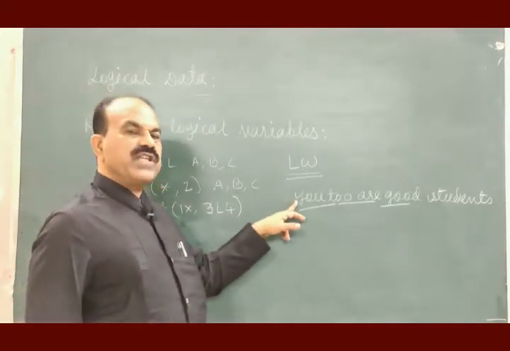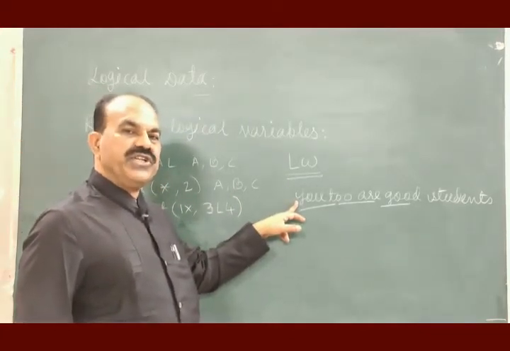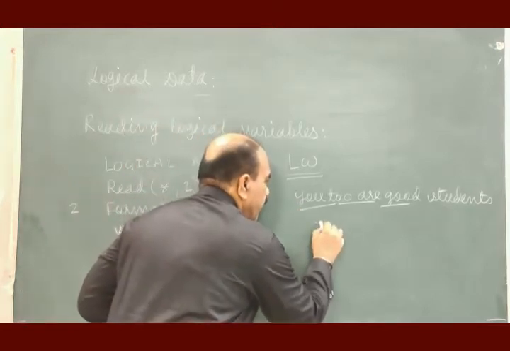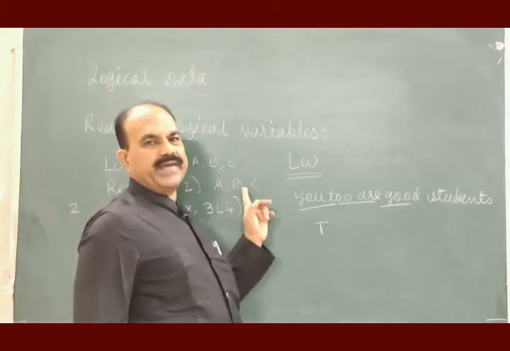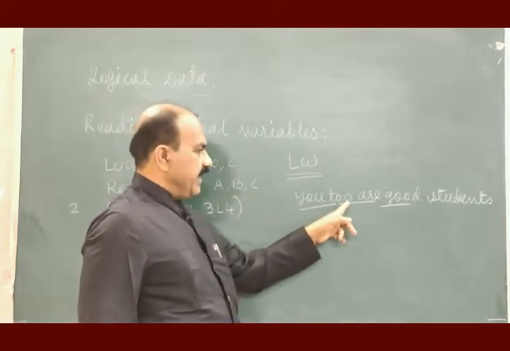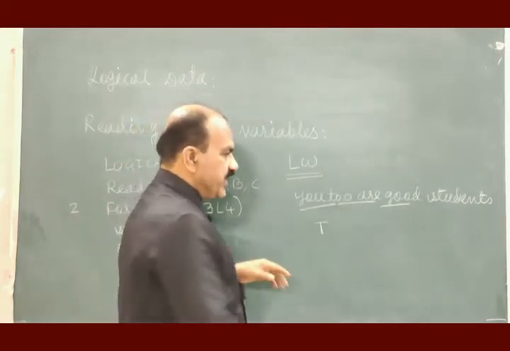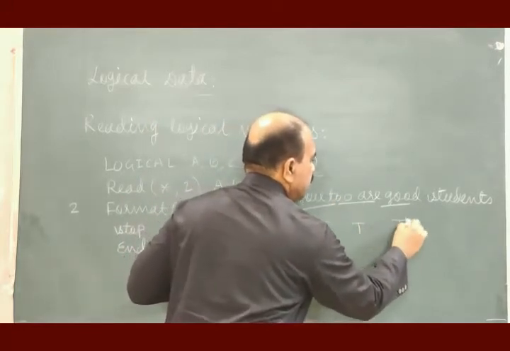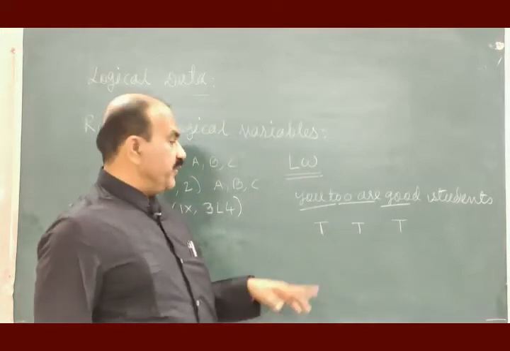If the first letter of this word is T, true will be assigned to A. But what do you find?